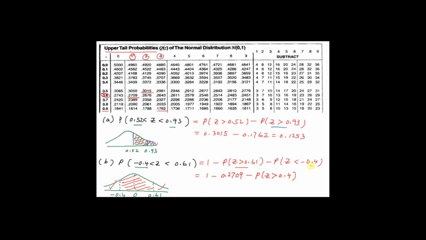Because this is a negative number, you will never be able to find a negative number for your Z score in the table. So you have to convert to the upper tail probability with Z being a positive number. So this is equal to 1 minus 0.2709 minus Z more than 0.4. So 0.4 will be here. That is 0.3446. This is equal to 0.3845.